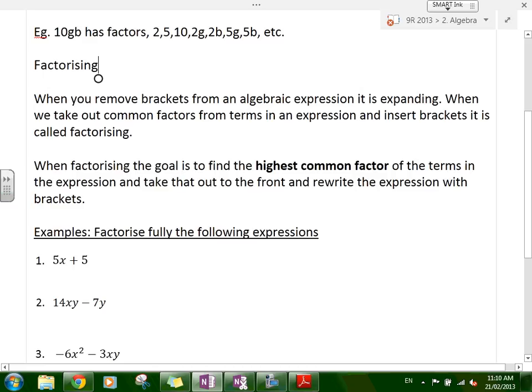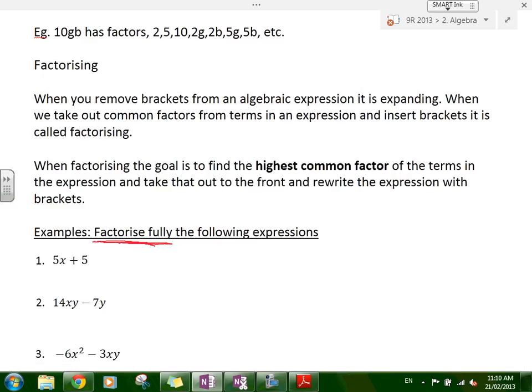Now, another thing that we need to be mindful of is when it says factorize fully. When it says factorize something fully, it means it's asking you to do it totally. So you have to take out the highest common factor. So sometimes you'll say factorize, and you might not have to take out the highest common factor.